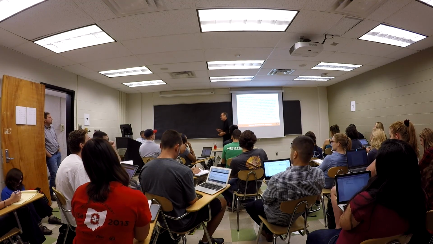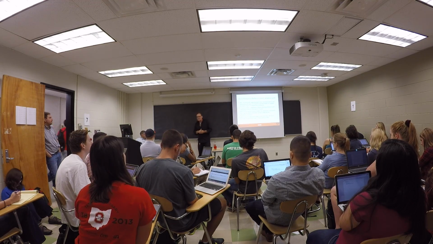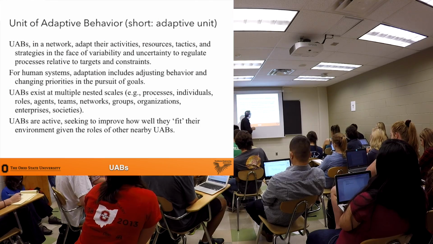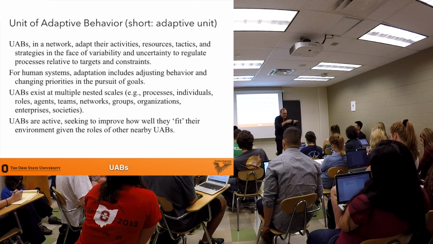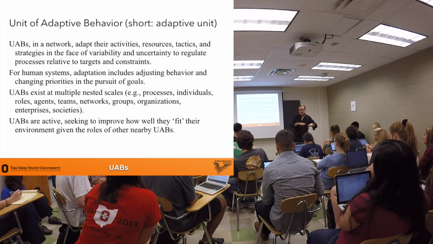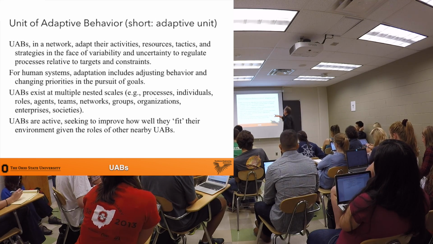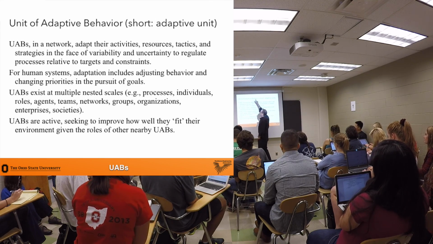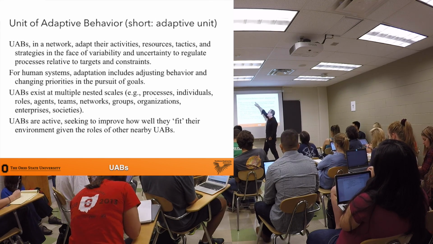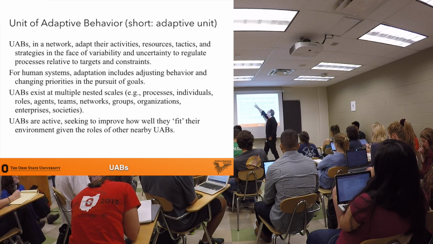All right, keep going. Here are some definitions. As you analyze high-frequency trading, as you think about the anesthesia cases, what I want you to think about is units of adaptive behavior, UABs, or an adaptive unit.